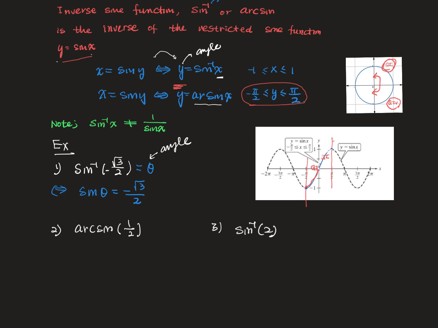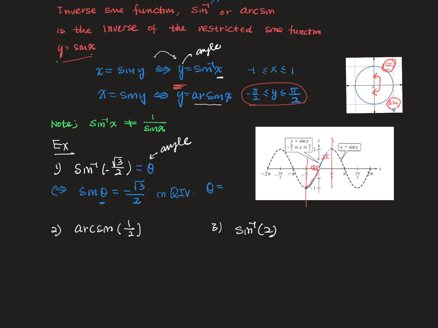Theta is restricted to quadrant 1 and quadrant 4. Sine is negative in quadrant 4, but in quadrant 4 we are not using a positive angle, so make sure it is a negative angle.